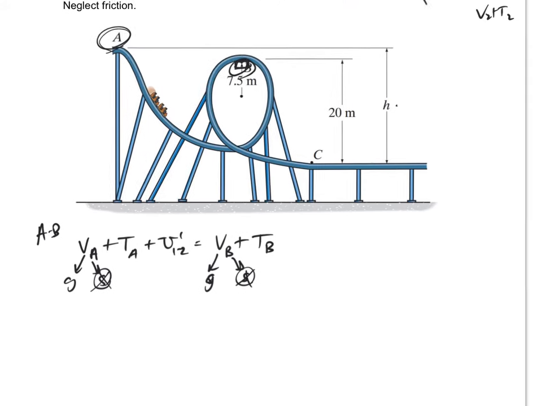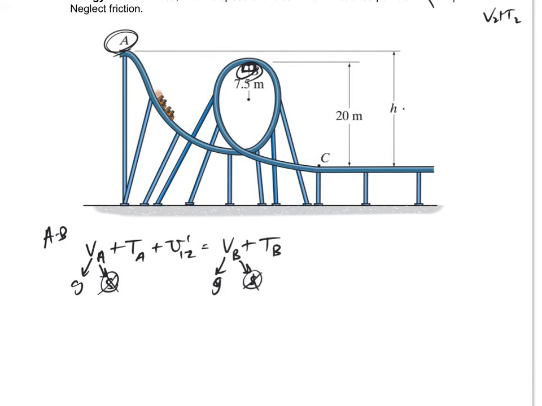So I've got the mgh at A, which I don't know, plus 1/2 m v at A squared, but that is 0, right? It started from rest. So that's what I have on the left-hand side of the equation.